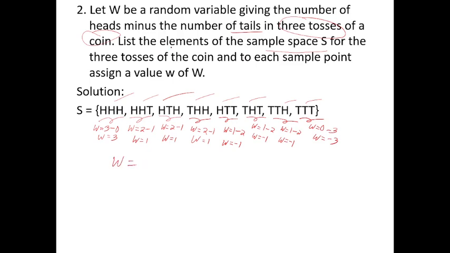So we list the elements of the sample space and to each sample point, assign a value w of W. For the sample point head, head, head, w is 3. For the sample point head, head, tail, w is 1, and so forth. All the possible values are 3, 1, negative 1, and negative 3.